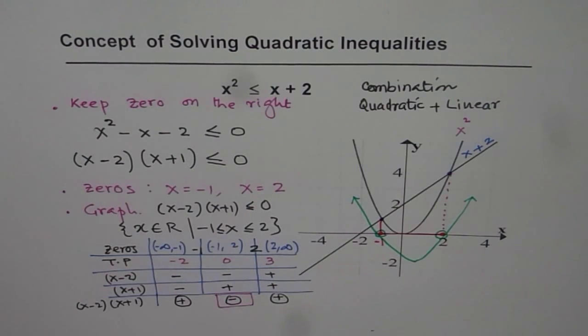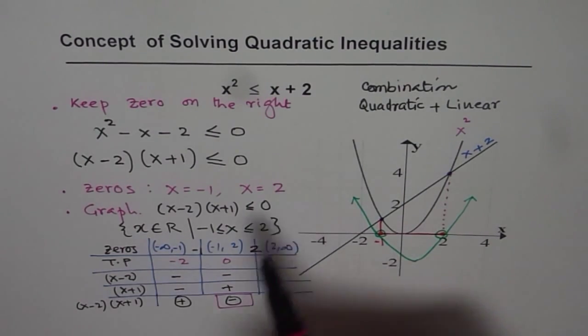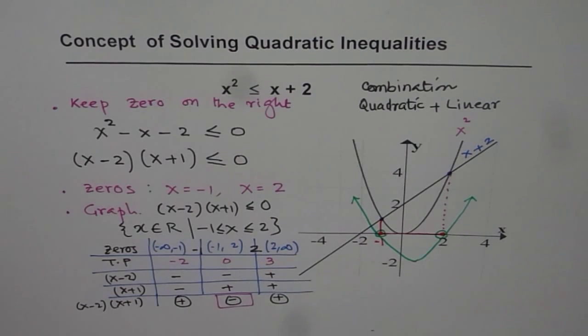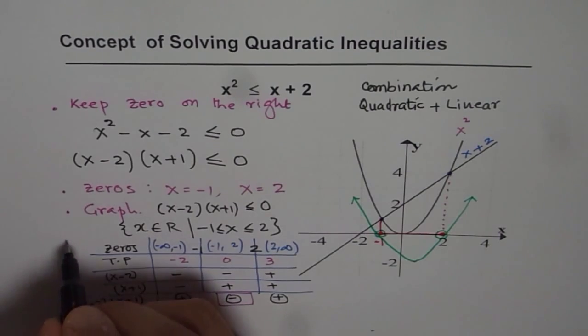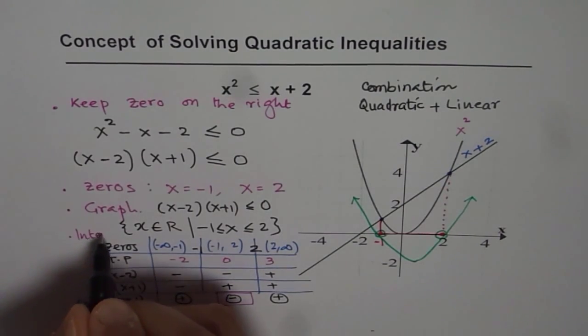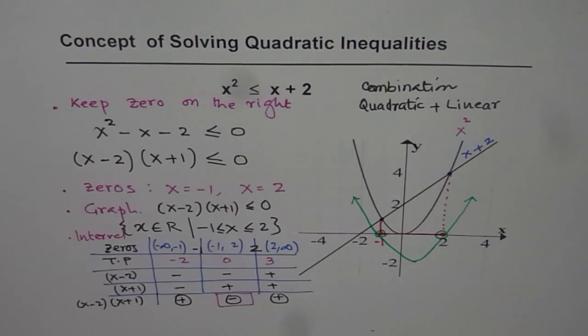Do you see that? So basically we could adopt the third method, which is interval analysis, right? This is what we call the interval method. We analyze the intervals, whether the function is positive or negative. Depending on the type of inequality, you can right away pick up the solution.